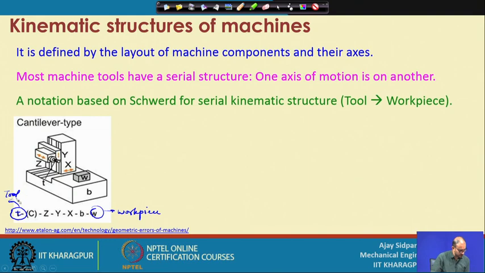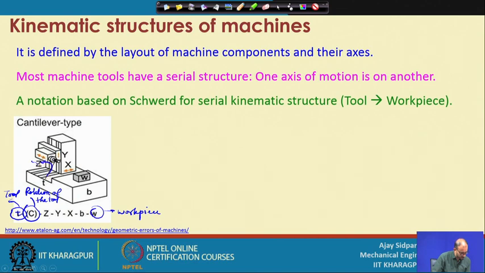What comes next to T? T is the C axis, that is the rotation of the tool. Where is this spindle axis located? It is located on the Z axis. So the third one is Z1. Now, where Z is mounted, all the things are mounted at this location.